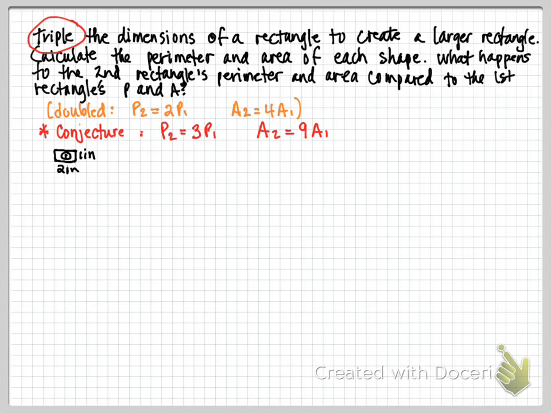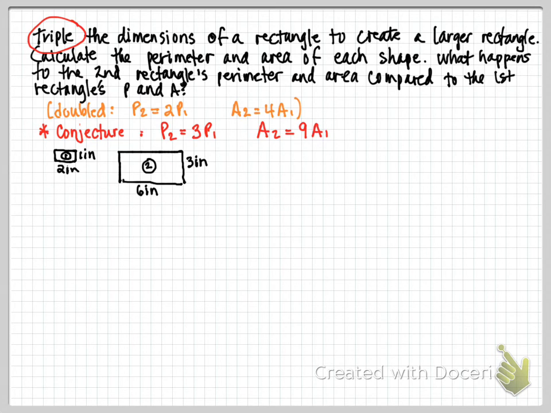If I triple 1, I'm going to get 3, and if I triple 2, I'm going to get 6. So 1 tripled is 3 inches, and 2 tripled is 6 inches.